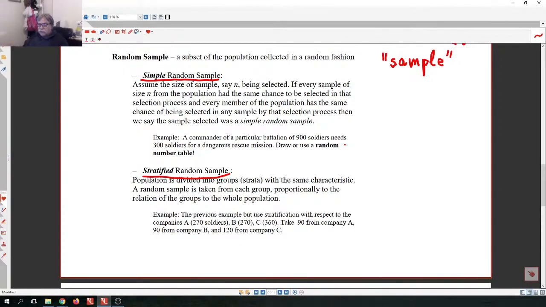I don't care about it, right? Because I don't think that political opinion is connected with the shoe size. But I do think that political opinion is connected to the gender. And we know from the previous election that males and females are voting differently.